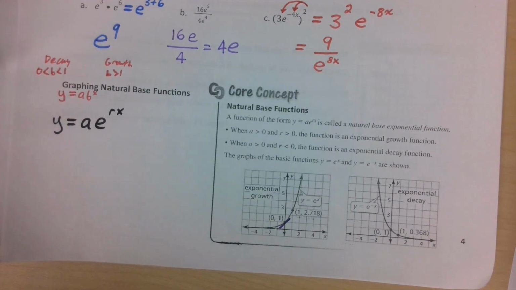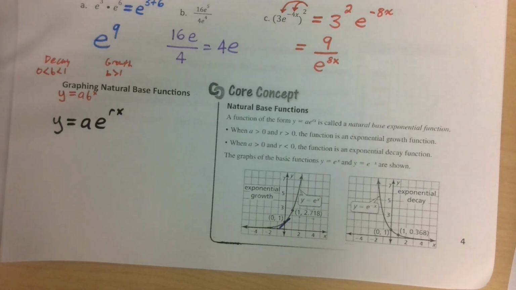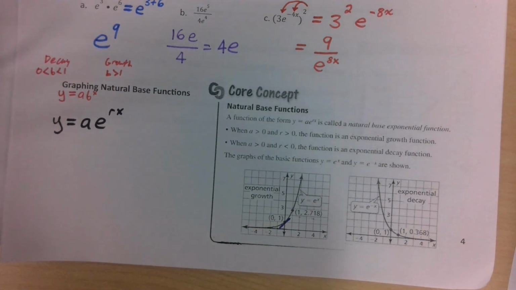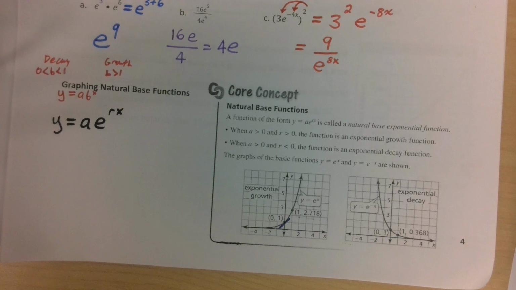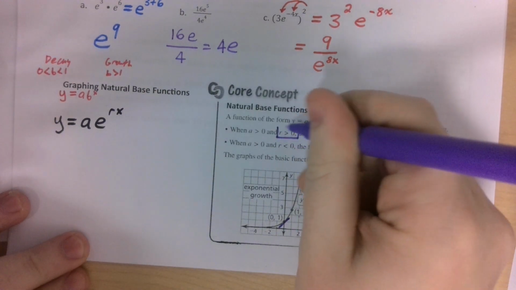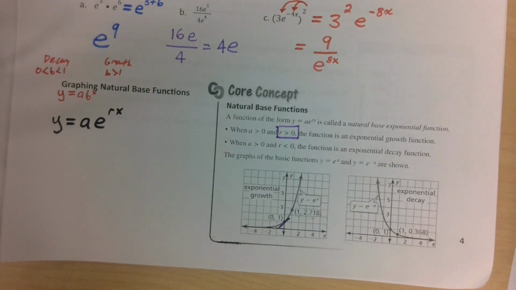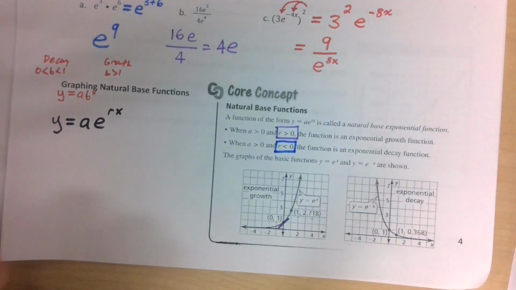But that's not the case with our natural base function, because, again, e isn't a variable, it's a number. Instead, the variable we're looking at is r. When a is greater than 0 and r is greater than 0, meaning when your r value is positive, it's growth. When your r value is negative, it's decay.